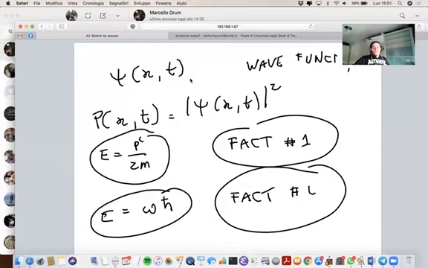So there's nothing historic here. Things didn't evolve the way I present them. It's just an interesting way of looking at how some evidence was ultimately collected, and how you can place it in the right order to inspire you to arrive at the Schrödinger equation without being Schrödinger himself.